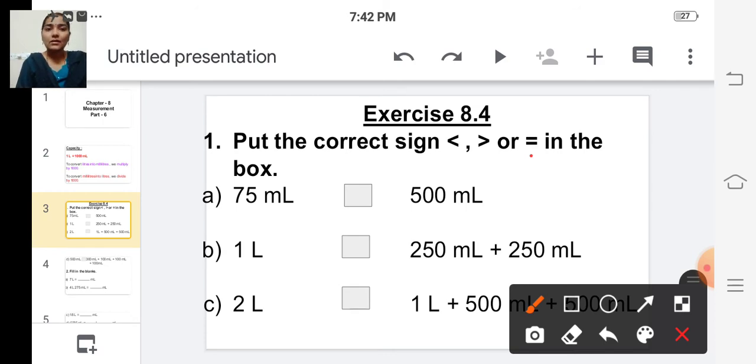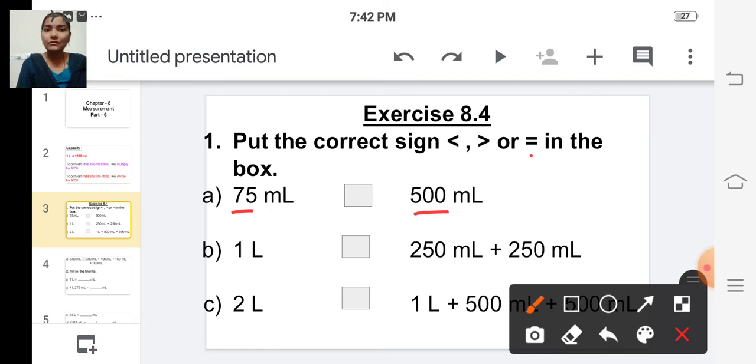Okay. So first one is 75 milliliter and here 500 milliliter. First we have to check the unit. If both are in the same unit only, we can compare. Otherwise, we have to convert that into similar unit, same unit.